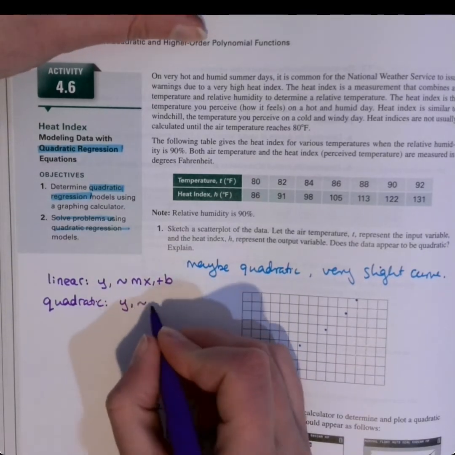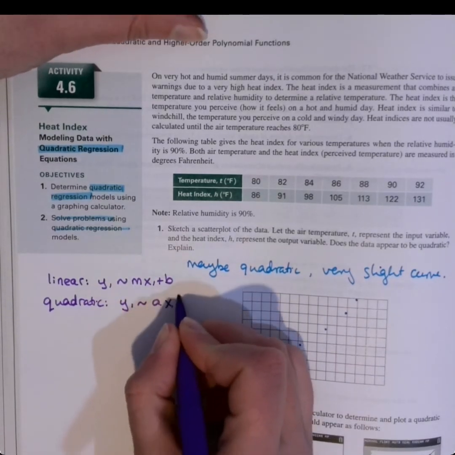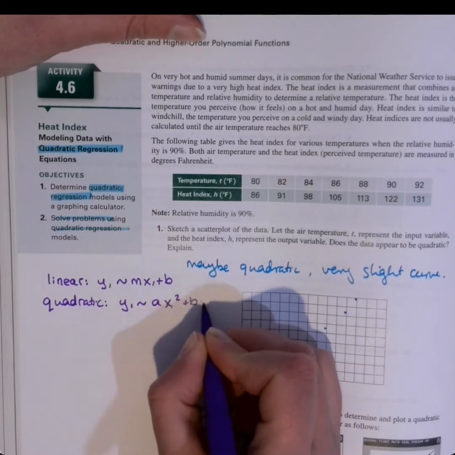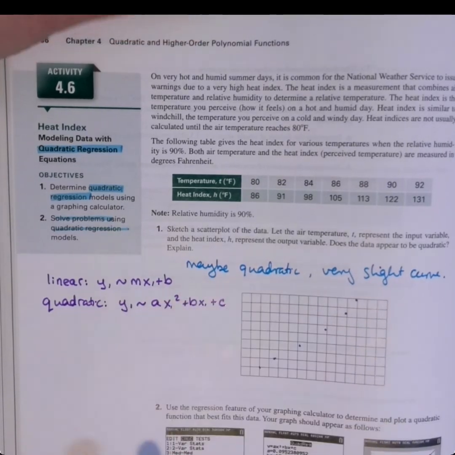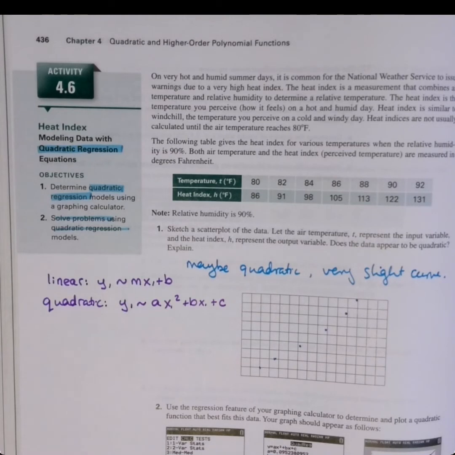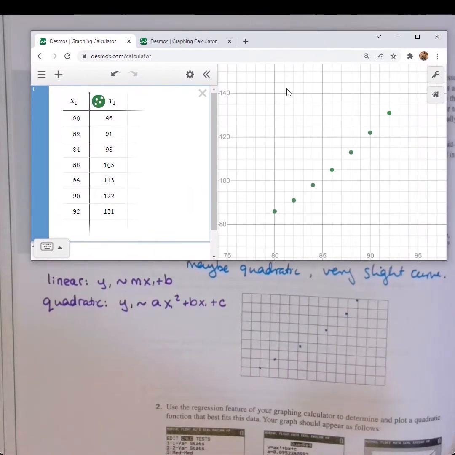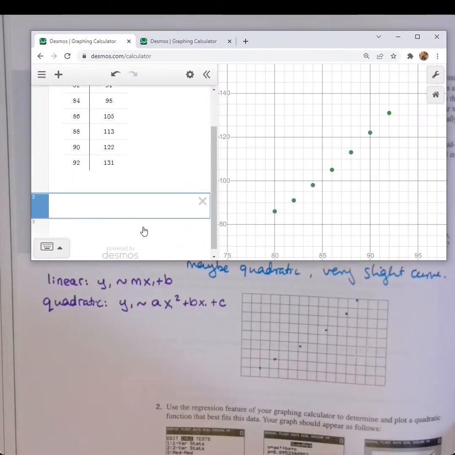So y1 is approximately a x1 squared plus b x1 plus c, replacing y and x with y1 and x1 respectively. Let's go ahead and do both of these just to see what happens.